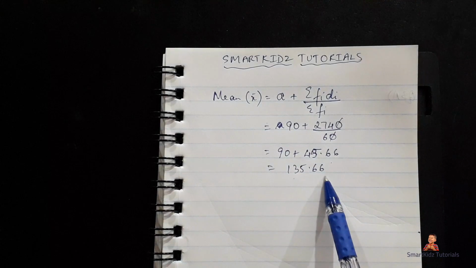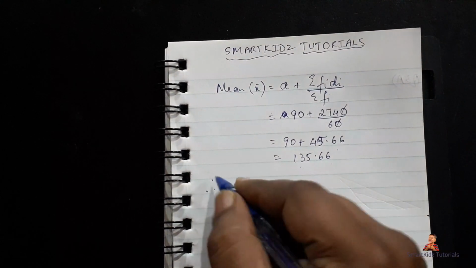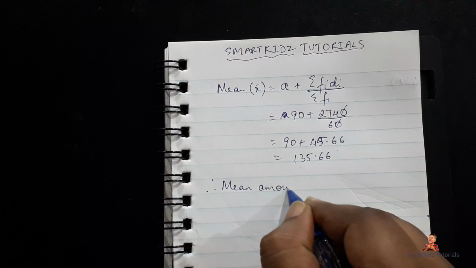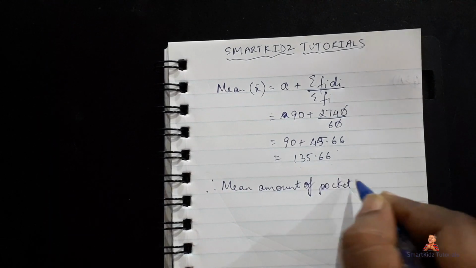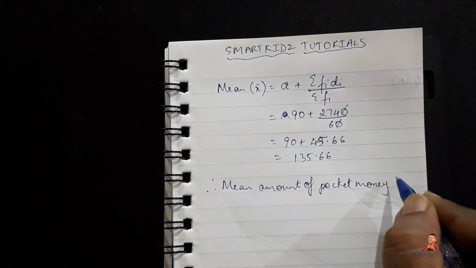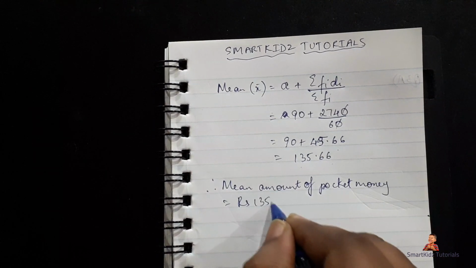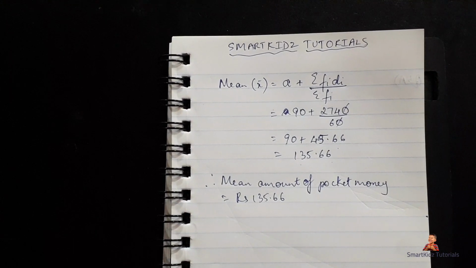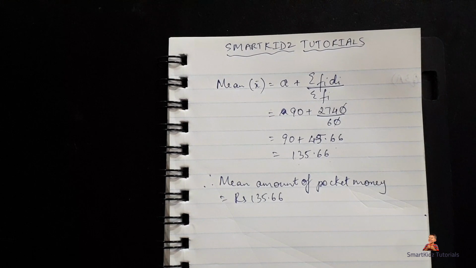That is our mean. So we can write over here that therefore the mean amount of pocket money is equal to rupees 135.66. So that's how we get the mean in case of question D by using the assumed mean method.